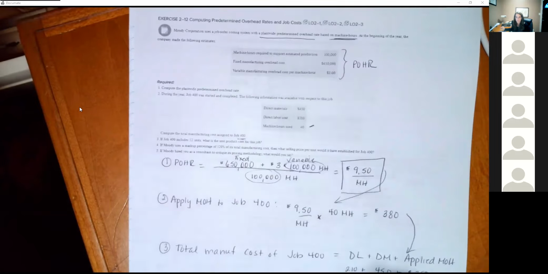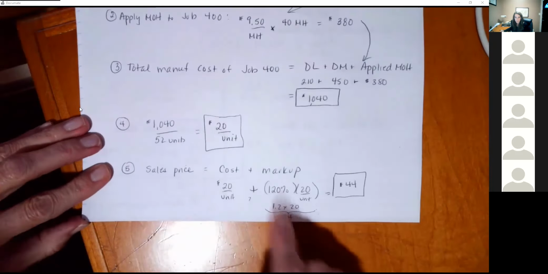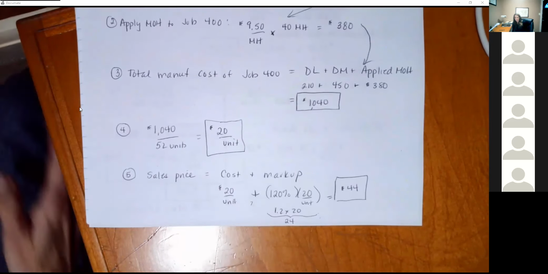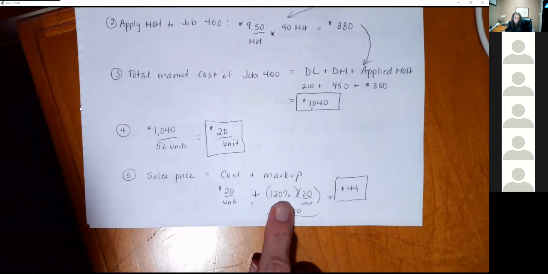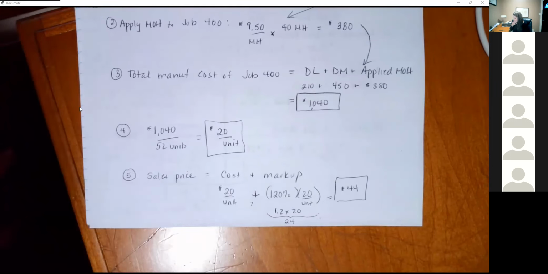So this may not be as accurate as we would like, which can mess with your price, if your cost isn't right. And then the second thing is, it looks like they're using a standard markup, which many companies don't do. They'll charge different prices to different companies depending on if they have a favored vendor status or not. But anyway, you don't really need to know that. Just know that the plant-wide is less accurate than the departmental calculation.